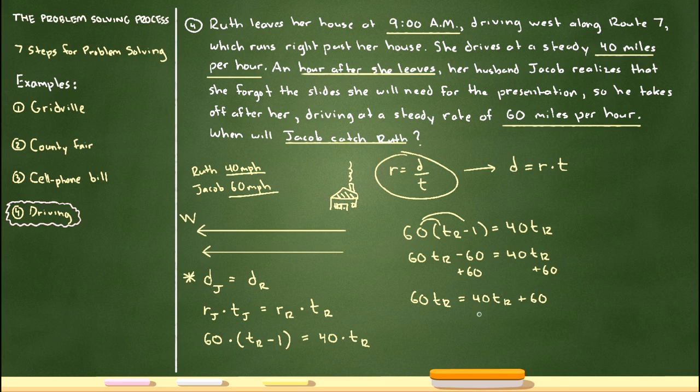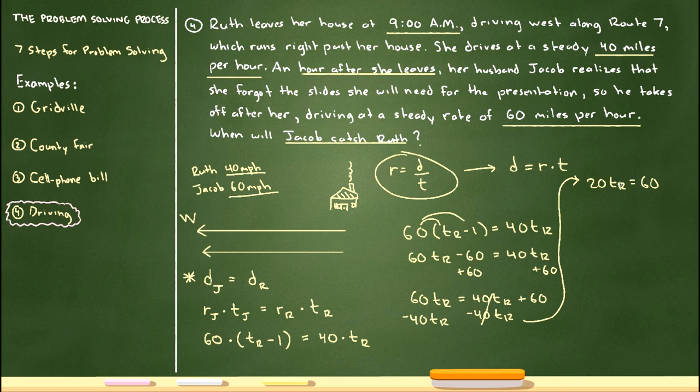Now let me move my variables to the left. So minus 40 t sub r here, so they're gone, and minus 40 t sub r here. So let me come up here, do a little arrow. Okay, so we have 20 t sub r is equal to 60.